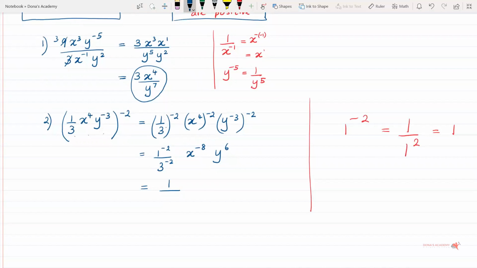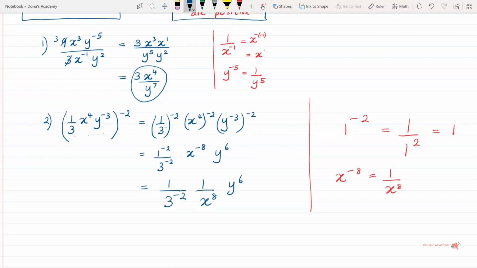Now how about the 3? Wait, let's do it at the next step. Let's keep it 3 to the power -2 here. Now how about x to the power -8? We can write it as 1 divided by x to the power 8. So this is the same as x^8 and y^6 here.